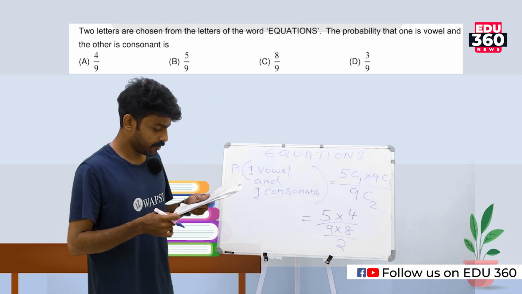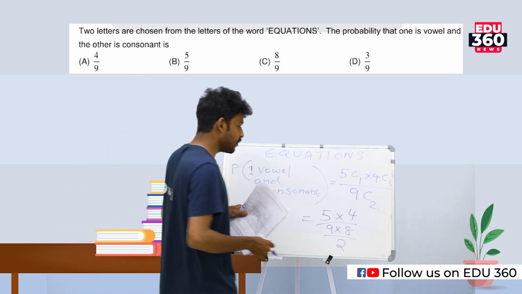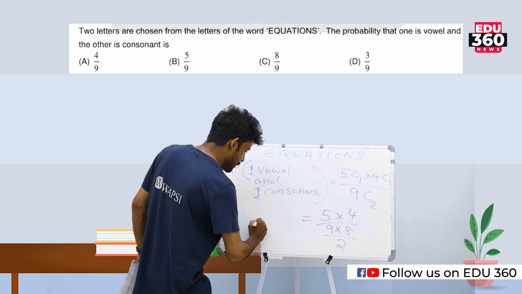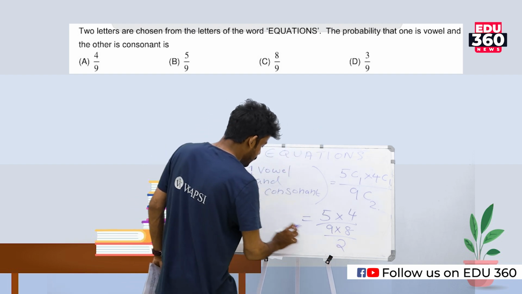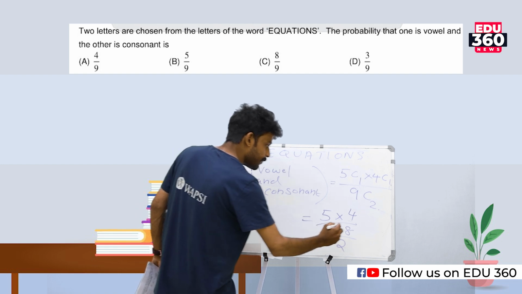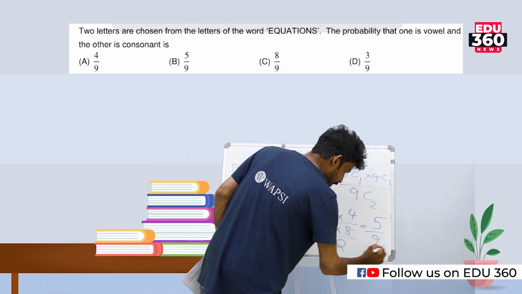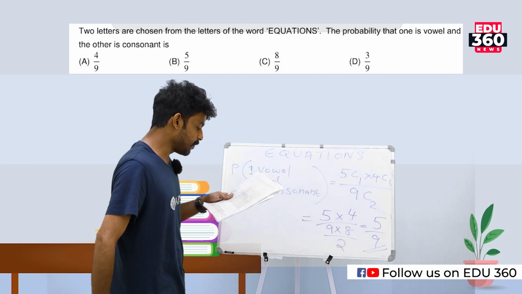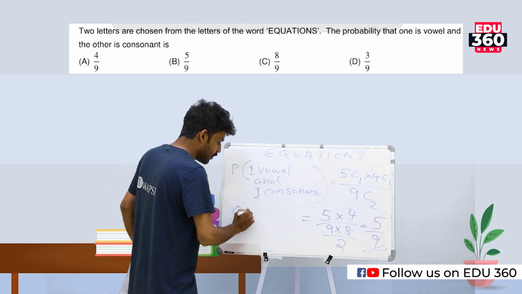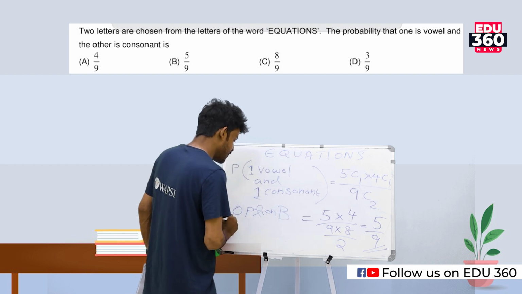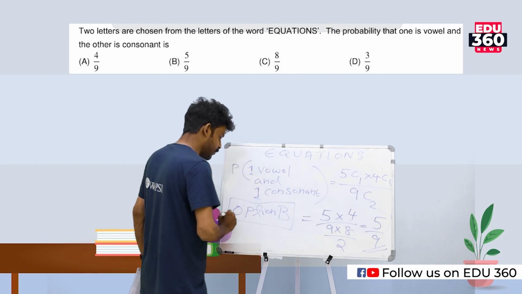So we get the final answer 5 by 9. That means option B is the correct answer for this question.